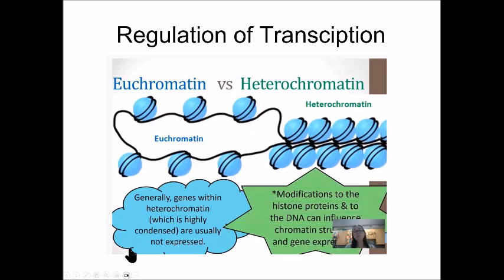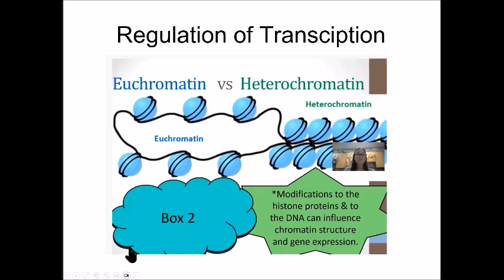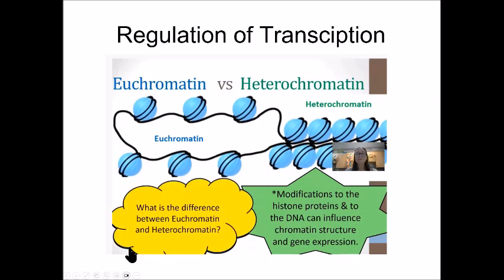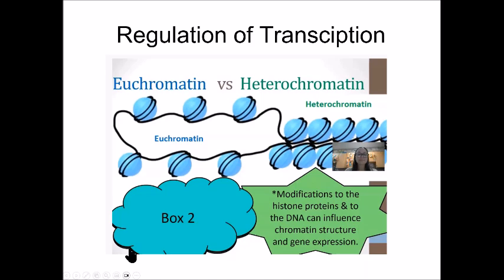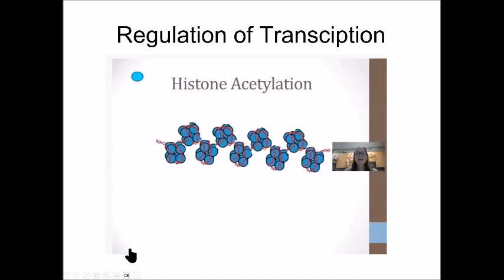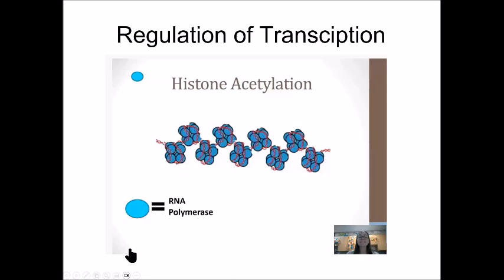And so what we can do is modify the histone proteins and the DNA to influence whether it's euchromatin or heterochromatin. So in box 2, write the difference between euchromatin and heterochromatin. Now, one option is what's called histone acetylation.